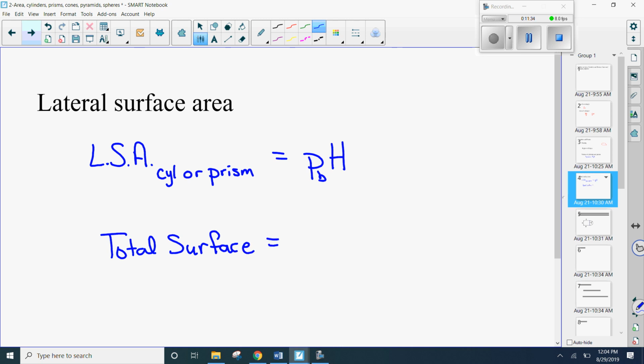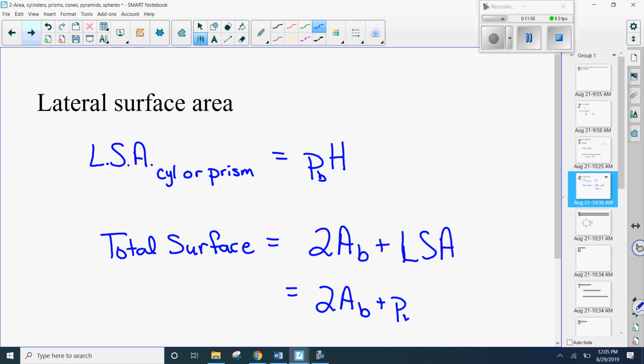And to the lateral surface area, you have to add what? 2 bases. So it's twice the area of the base plus the perimeter of the base times the height.